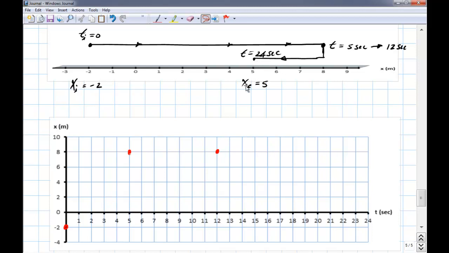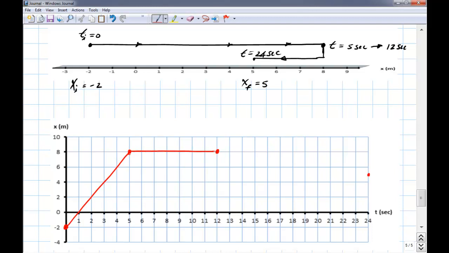So we reach this location at a time of 24 seconds, and of course this location equals 5, so we need to find the intersection between x equals 5, which is right here, and a time of 24, which is right there. And so there is that point of intersection. What I'll do next is just connect those dots, and by doing that we have created a position versus time graph.